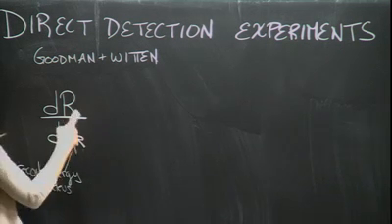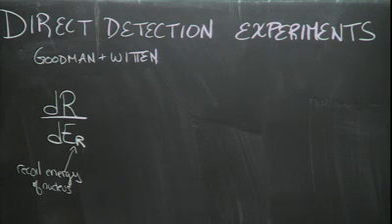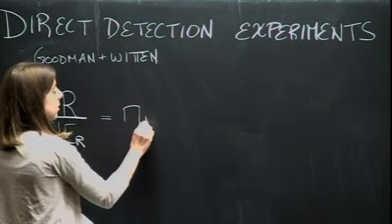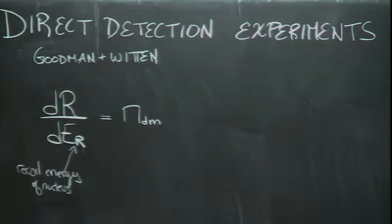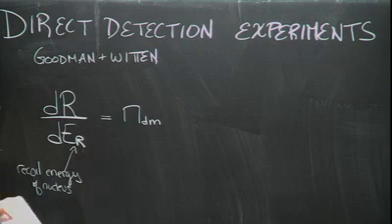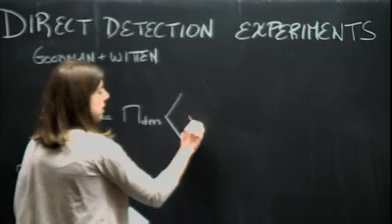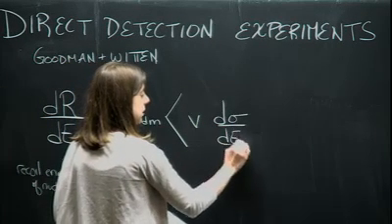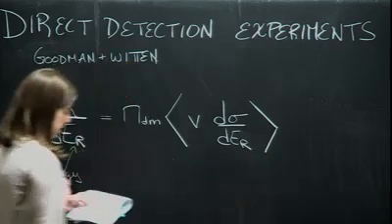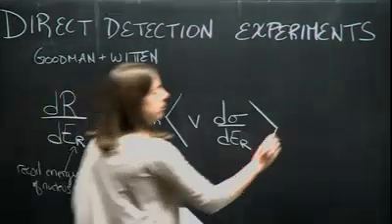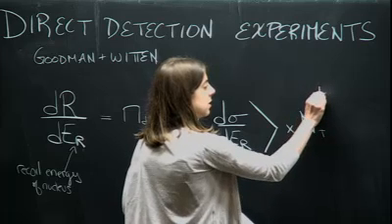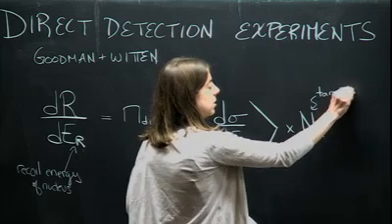The differential recoil rate for a dark matter particle in one of the nuclei in these detectors just goes as the number density of dark matter particles streaming through the Earth, and then the velocity averaged differential cross-section, times the number of target nuclei in your detector.